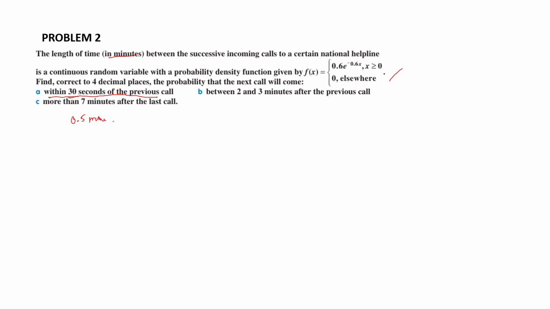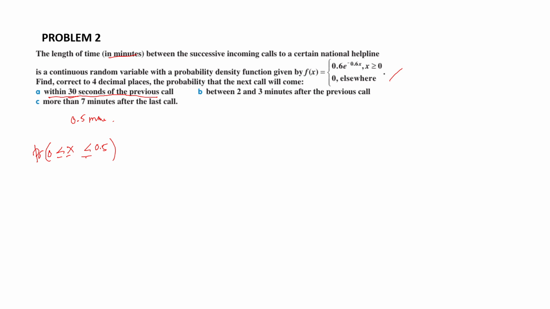previous call. So starting with the probability, x from 0 to 0.5. Okay, within 30 seconds of the previous call.